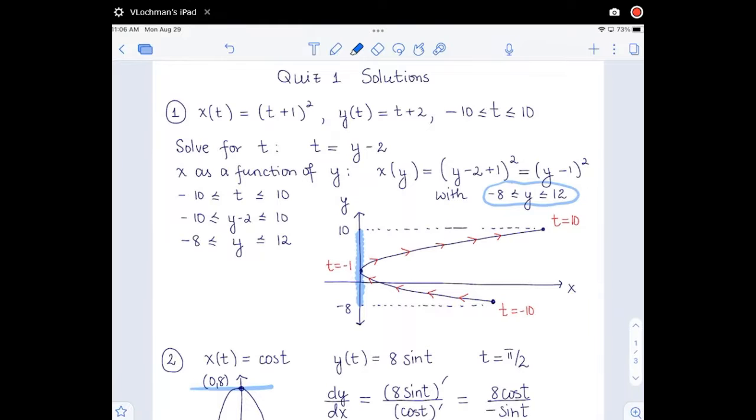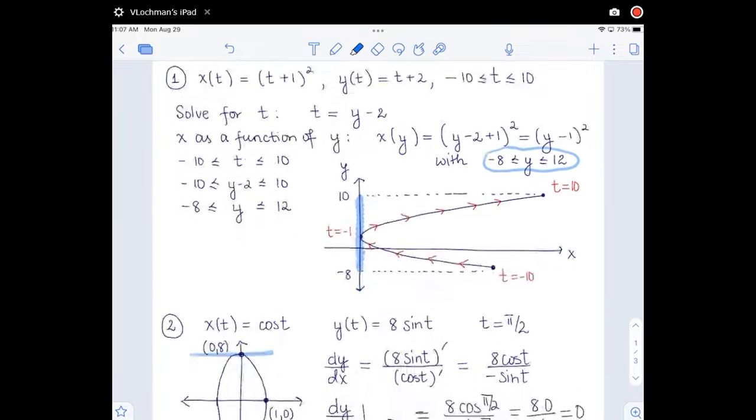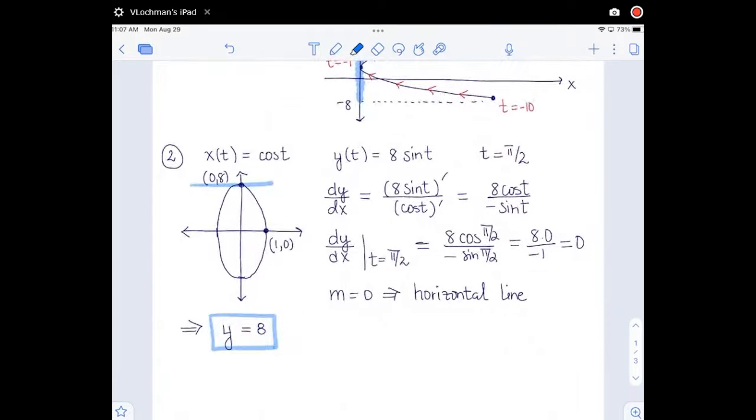Now I'm going to go through all the solutions, and then we'll pause and discuss them one by one. Problem 2 was good, no issues here. If you wanted, you could make a quick sketch of this curve and see that it is an ellipse, because we have two different coefficients in front of cosine and sine.